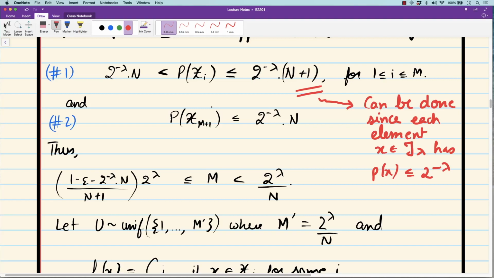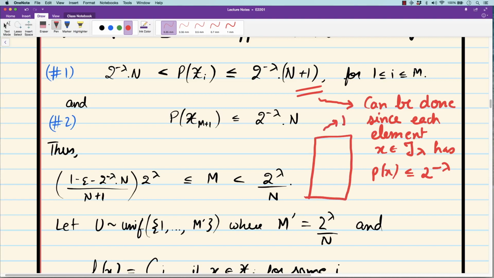Okay, so how many such parts m can you generate? This is an important question. This is our assumption: each part has at least this much mass. How many such parts can we generate? It is important to note that the total probability of all the things is at most 1. So think of this big box representing the total probability.